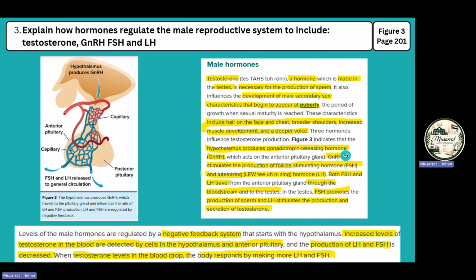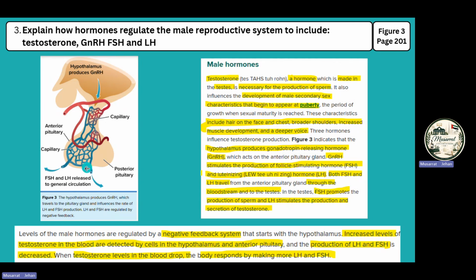It acts on the anterior pituitary gland and stimulates the production of FSH and LH. FSH is follicle stimulating hormone, and LH is luteinizing hormone.